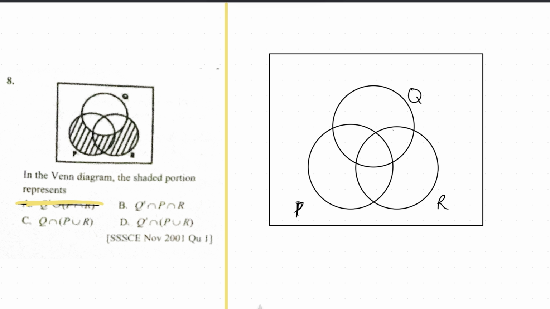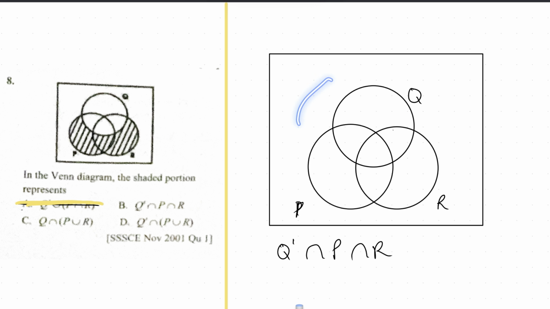Now let's go to the second one, which is B. B says Q complement intersection P intersection R. So what does this mean? Q complement here means everything that is outside the circle.